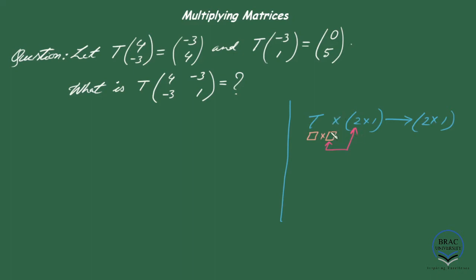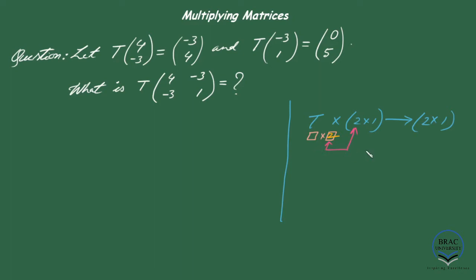If they do not match, they don't qualify for multiplication. Since we multiplied them and found a vector, which means they qualified for multiplication, they agreed on this. This is the column of the first matrix, and this is the row of the second matrix. They have to be the same. So this is 2, this has to be 2.